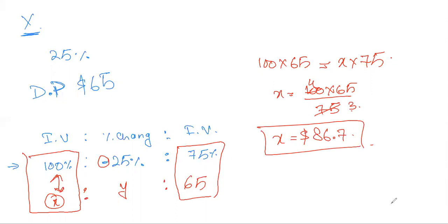Okay. Now let's do one question in which we have a percentage increase. Let's say Ali is working on a job in which he earns a monthly income of rupees 50,000. This is his income in June 2020.